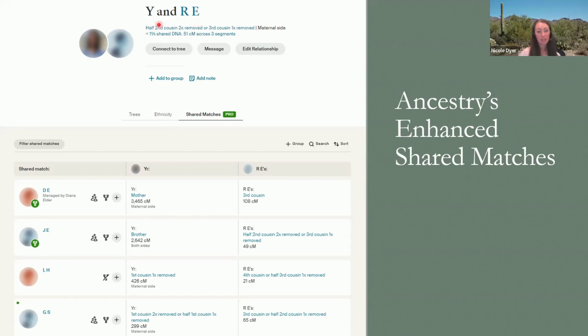On this individual match page between myself and this match, RE, I'm on the Shared Matches tab. In the past, it would just list these people's names and the amount that they share with me. And actually, this is a funny story. One of the times that my husband got interested in his DNA match list, he got confused about what this was saying, and he thought the amount shared was between the match and the shared match.